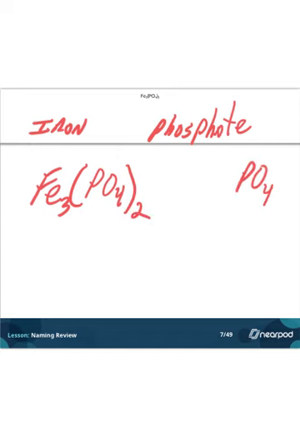Phosphate is PO4 triple minus, and if I have 2 of them, that makes -6. That means I also have to have +6 for the iron. I have 3 of them, so each iron is +2 from that. So the name would be iron(II) phosphate.